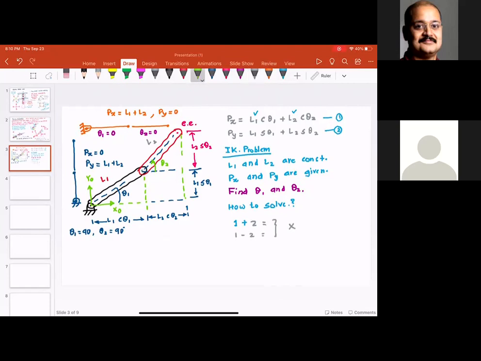But one thing that we know, and these relations I want you to remember, is sine square theta plus cosine square theta is equal to 1. The second trig identity that is going to be super useful is cosine theta 1 is equal to (1 minus tan square theta 1 by 2) divided by (1 plus tan square theta 1 by 2).